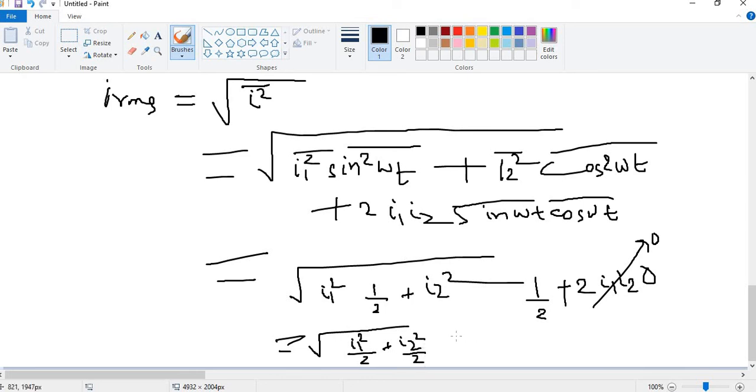So it will be root under I1 squared plus I2 squared, and because I am taking the LCM, the whole thing is under root, divided by 2. So this is the solution for this question. Hope you understood today's class. Thank you, that's all.